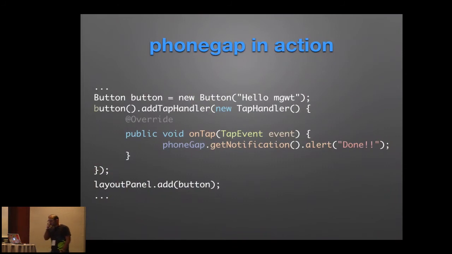They just work, and again, all I needed to do was add the PhoneGap Maven dependency and initialize PhoneGap, which I'm not showing here, but then I can just use the PhoneGap object to call the native notification. So instead of popping up an HTML5 notification from GWT, I can just call the operating system to display a native notification. So you can display something native on each platform.